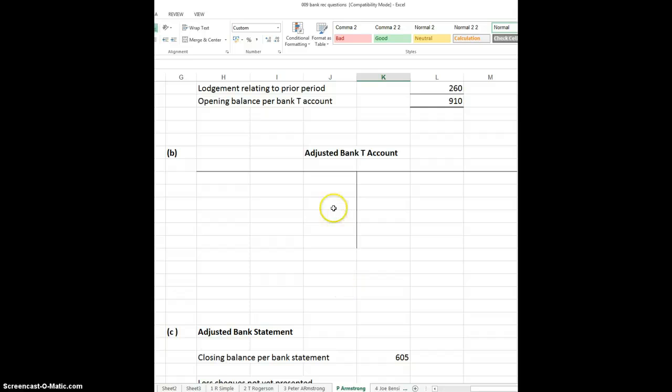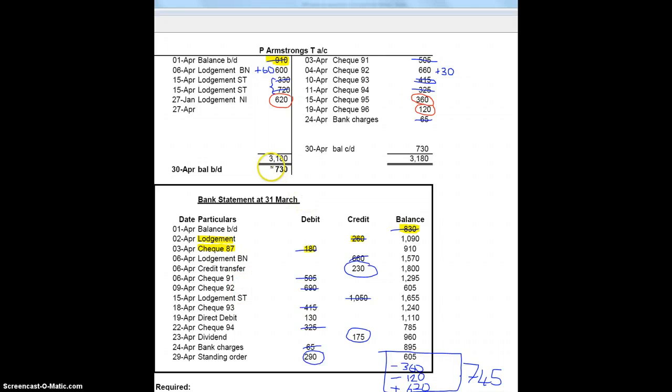And now we need to adjust the T account, and our starting position for that is the closing balance, and we correct any mistakes. So there's one error here that needs to be corrected. 60 plus 60. So if this was a minus 60, we'd put 60 on the other side and change the sign to a plus. But here it's plus 60, so you just put the change on the same side.